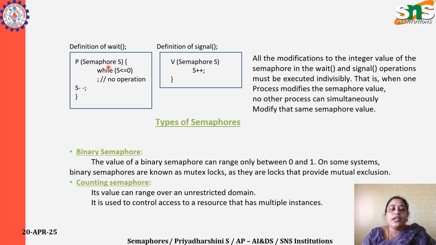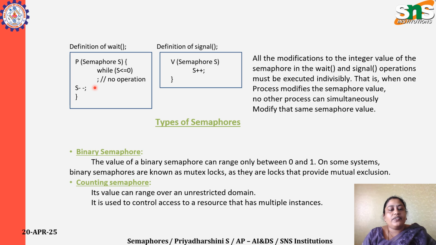It will be looping over here indefinitely. So when S is greater than 0, that means the condition is false. So this will break out of this while operation, and then the process trying to access the critical section will enter into it, and simultaneously that variable has to be decremented.